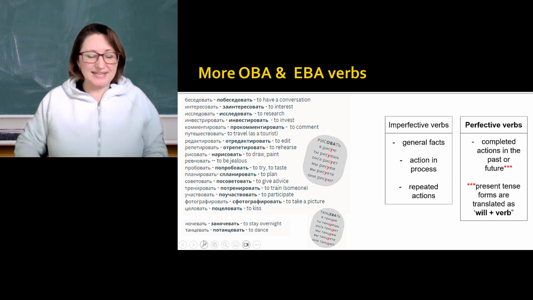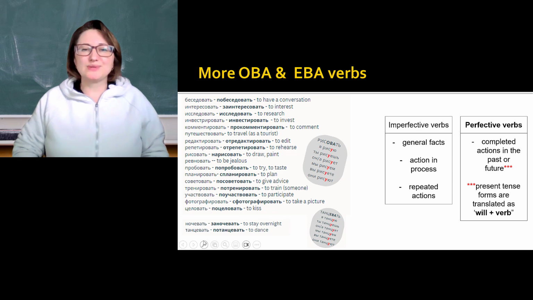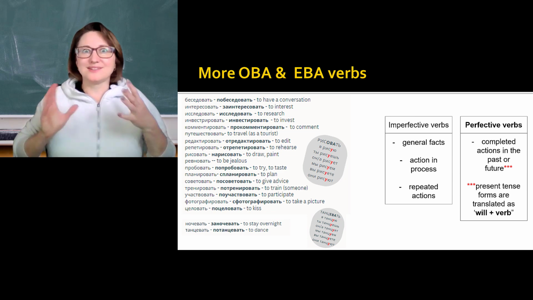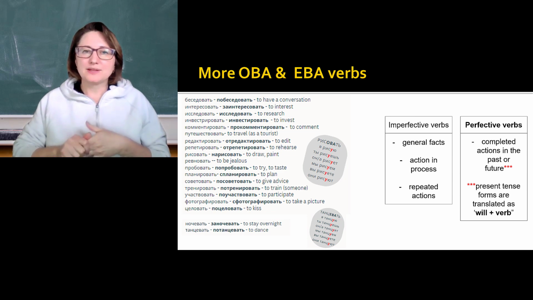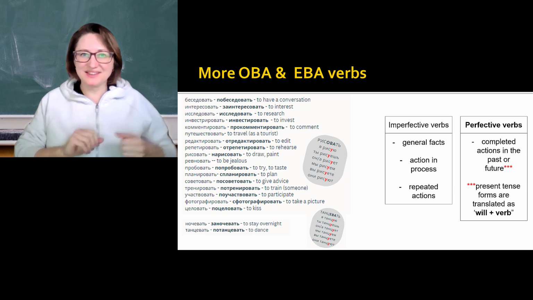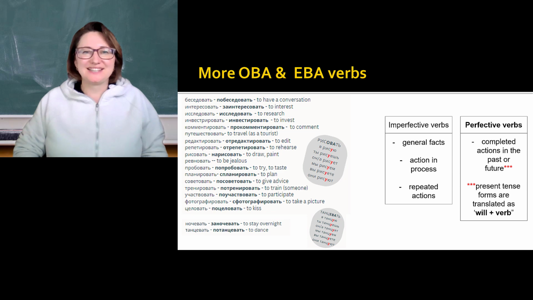Okay, so again, we will work more through the aspect of the verbs. It's one of the most exciting and challenging topics of Russian grammar, and I know many people think that cases are difficult. Cases are not difficult. There's a lot to remember for the cases, but what's really difficult is the aspect. But the aspect is easy at the beginning levels, because this is basically what you're going by, like the rules of thumb that you see on this slide.